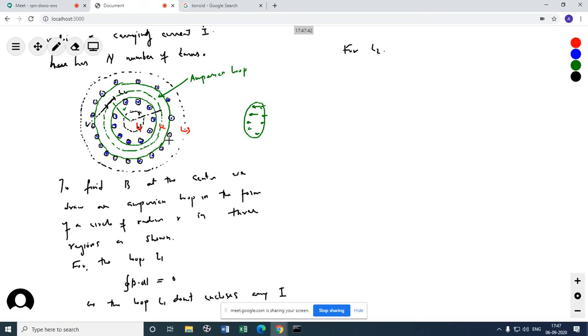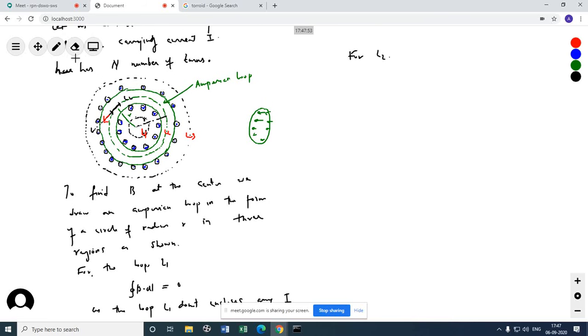The direction of the magnetic field is also tangent to this point, correct? For L2, the direction of the dl vector and the B vector are what? Parallel.